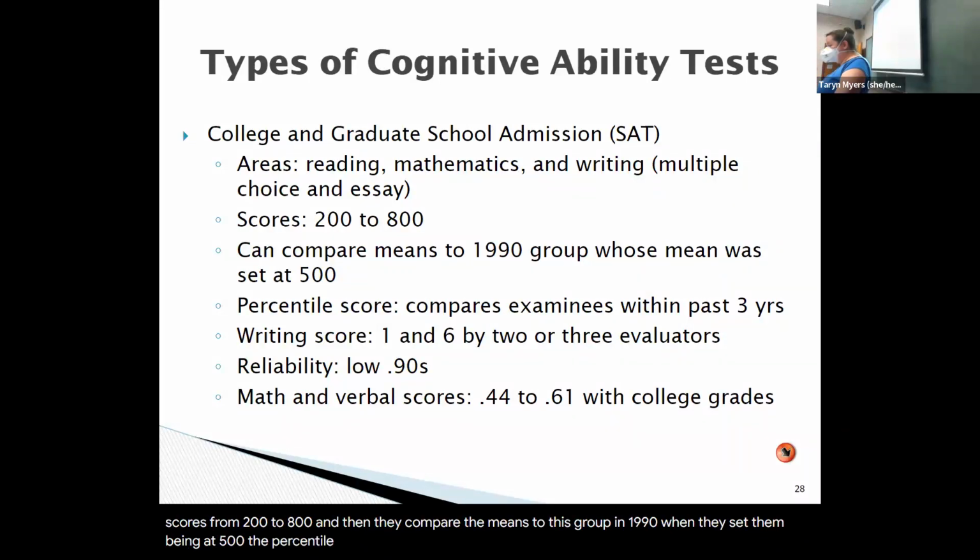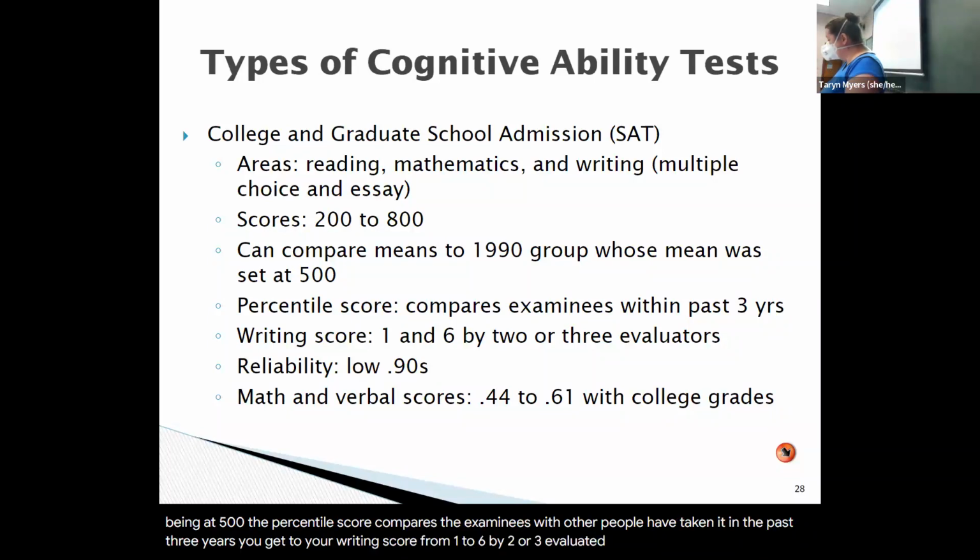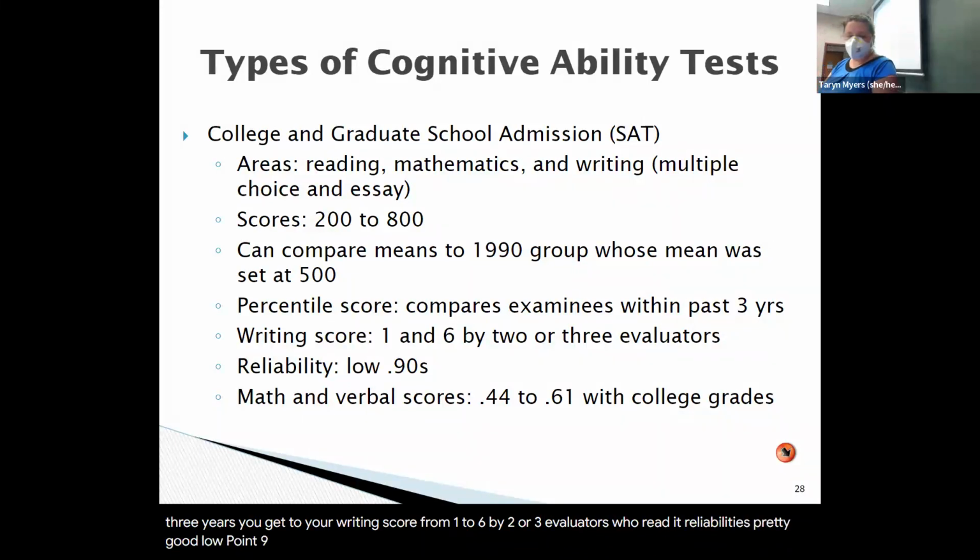The percentile score compares the examinees with other people who have taken it in the past 3 years. You get your writing score from 1 to 6 by 2 or 3 evaluators who read it. Reliability is pretty good, low 0.9s. And similar to the ACT in terms of predicted validity.